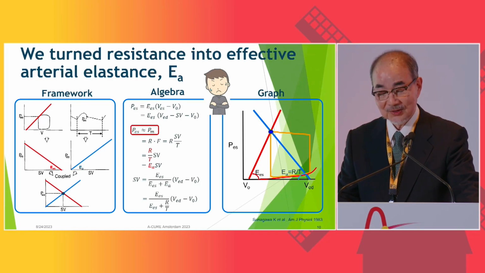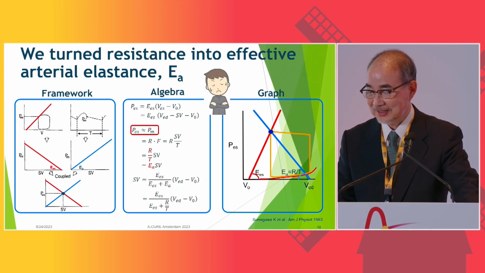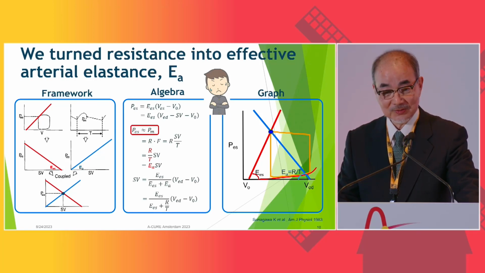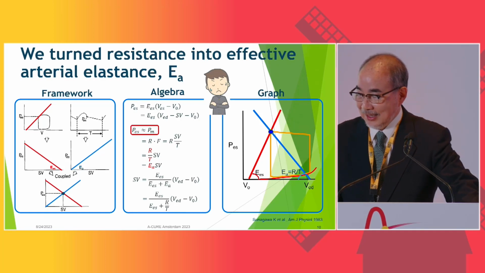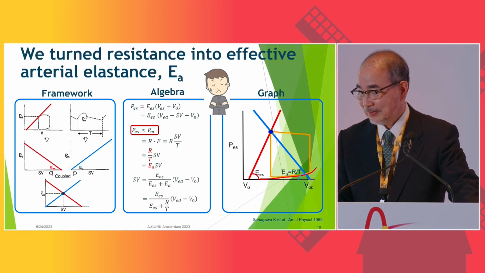But the real question is what it is. But at least as long as we can describe the arterial system by this EA, we can couple the two systems and get stroke volume and end-systolic pressure, just like shown in the bottom panel. And in the middle panel, I show algebra.